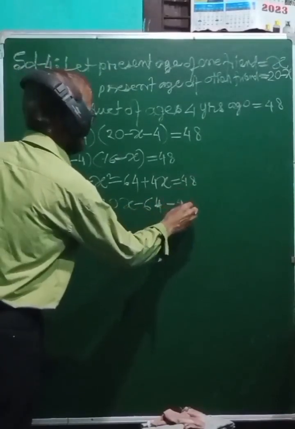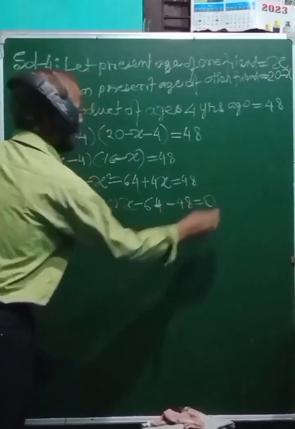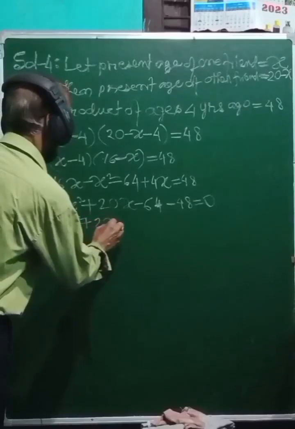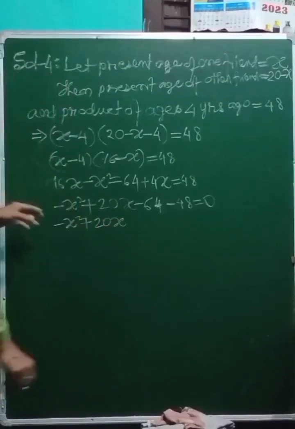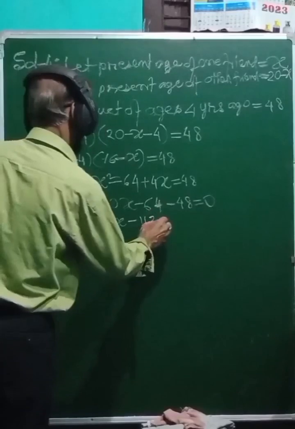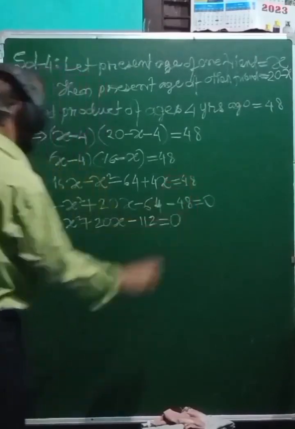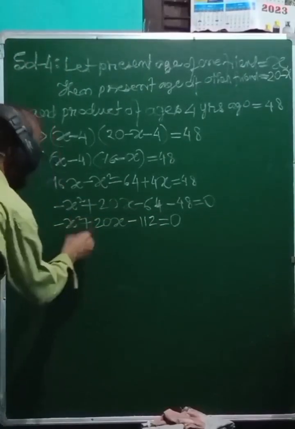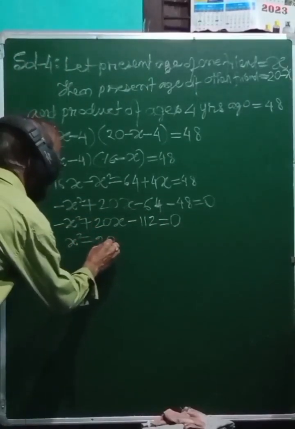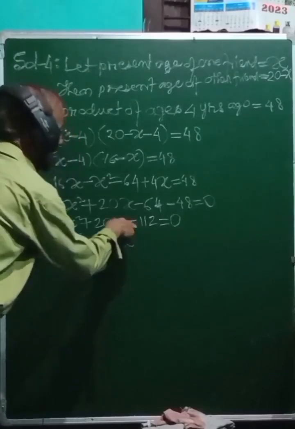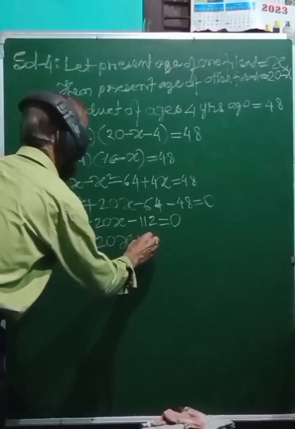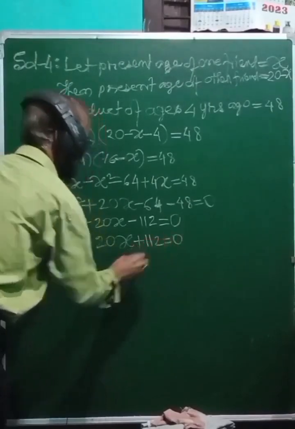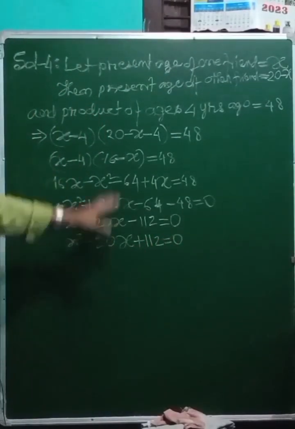Bring 48 to this side: minus x square plus 20x minus 112 is equal to 0. Multiplying both sides by minus 1, x square minus 20x plus 112 is equal to 0. Now this is the equation we have established.